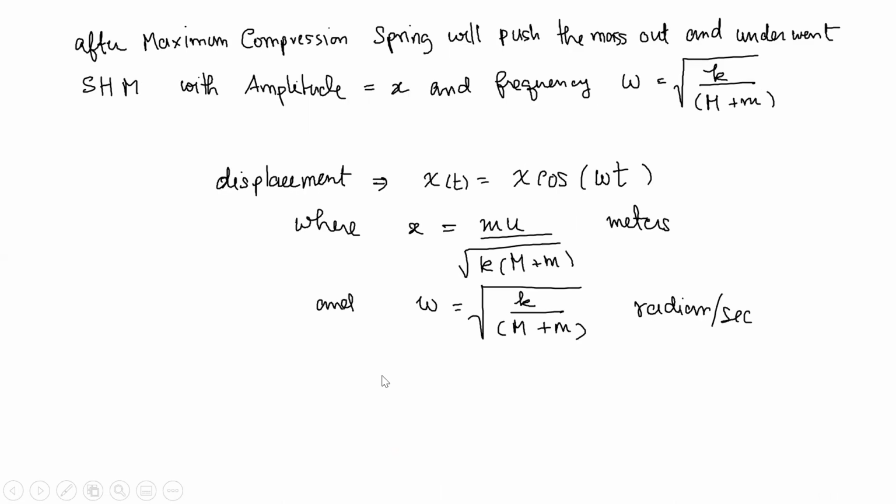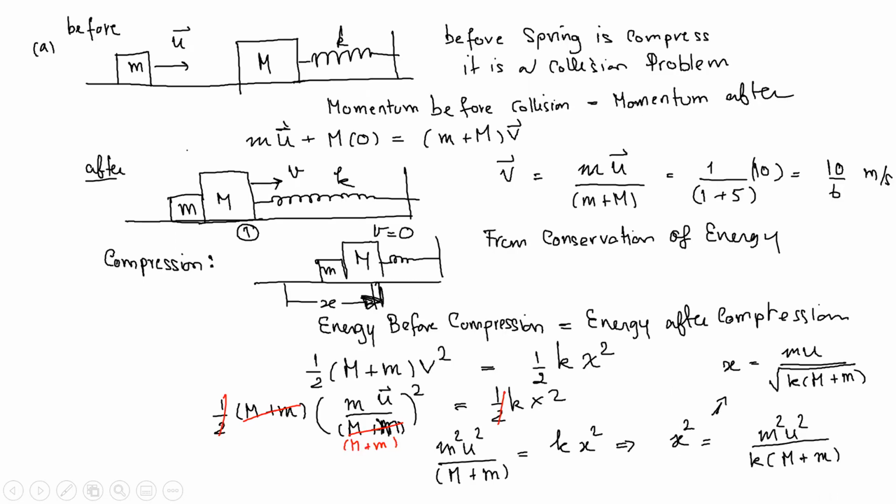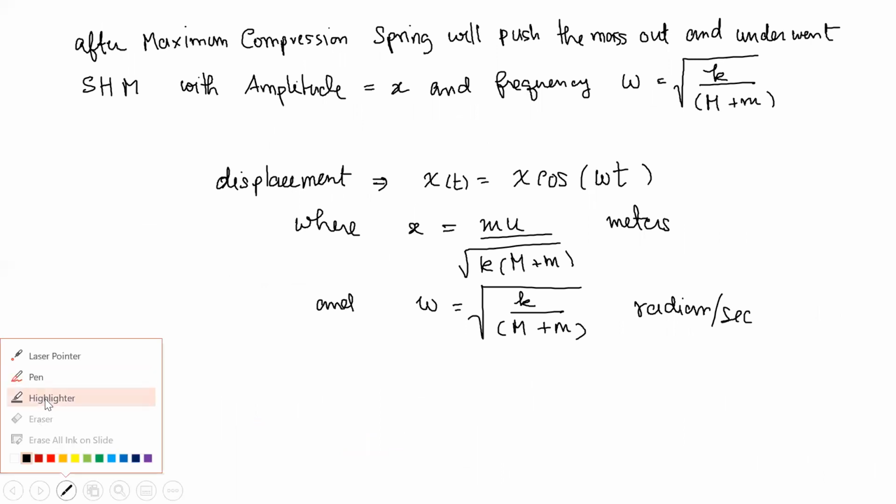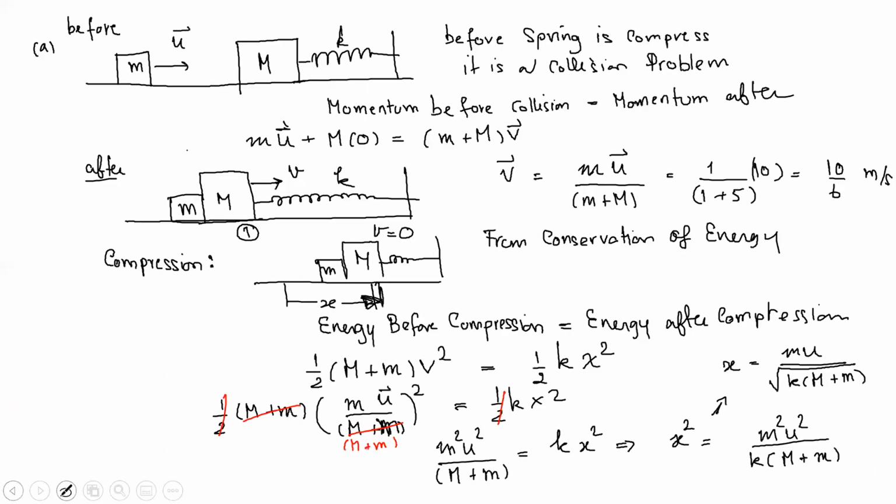And then you substitute the numbers. x is equal to 1 times 10 divided by the square root of k, which is 1,000, times 6.